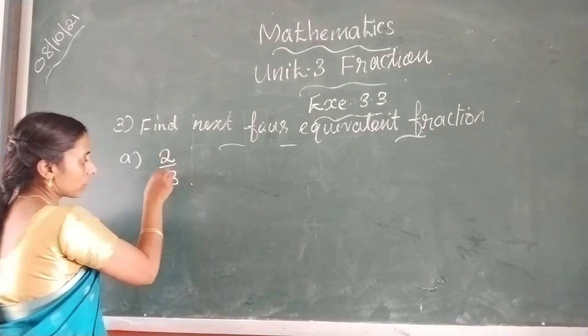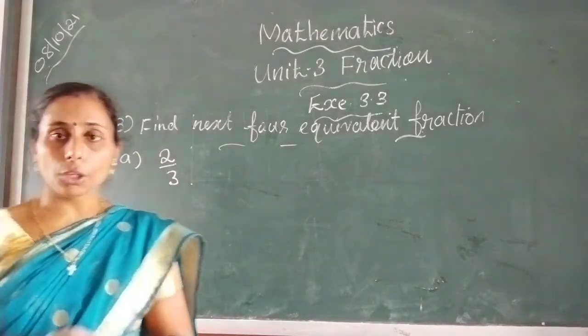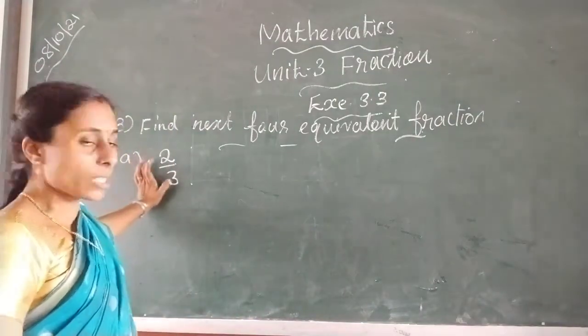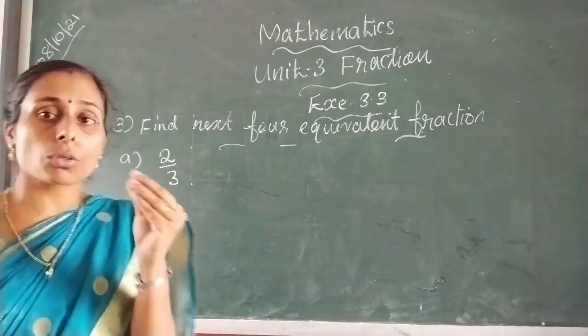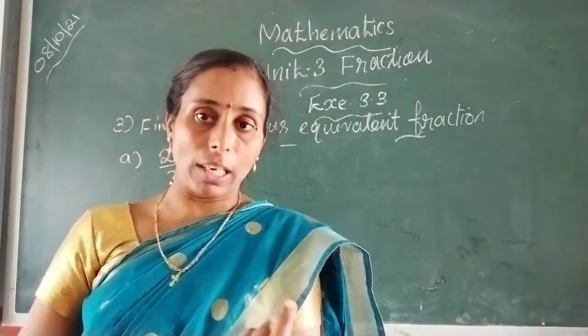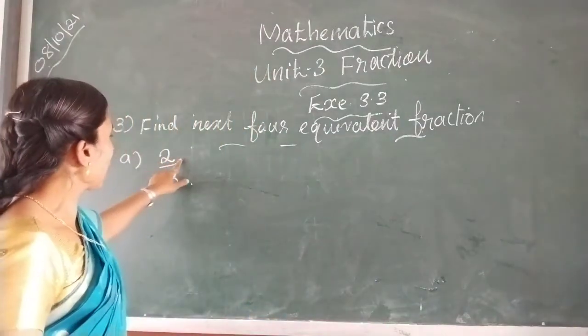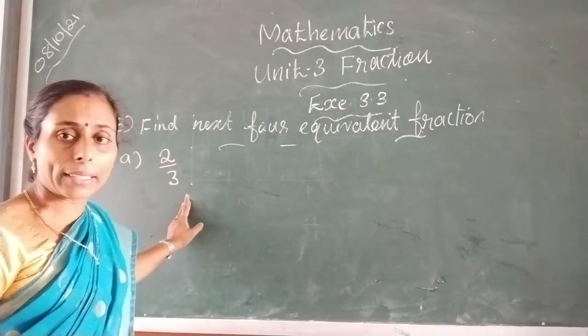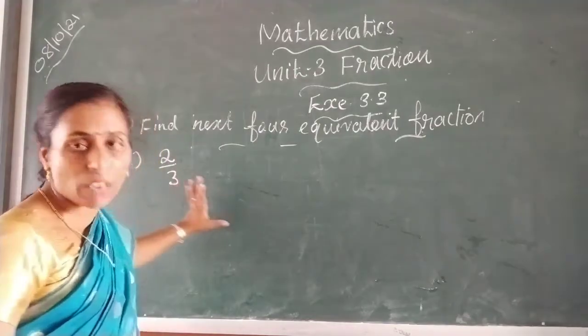Here the fraction is 2 upon 3. To get the next equivalent fraction, if we multiply both numerator and denominator by 1, we get the same fraction.